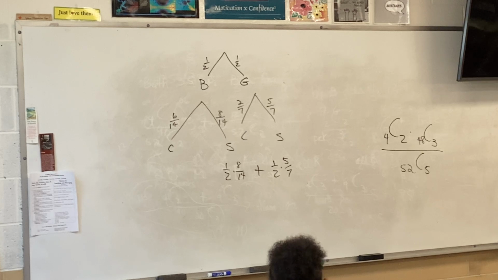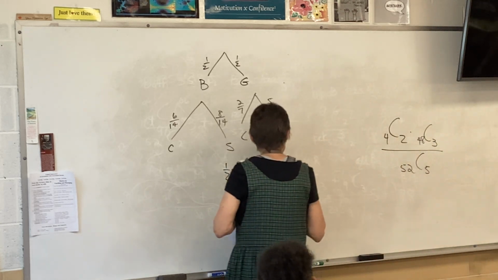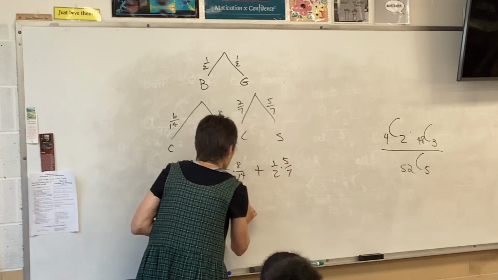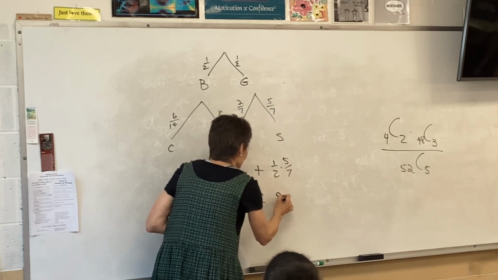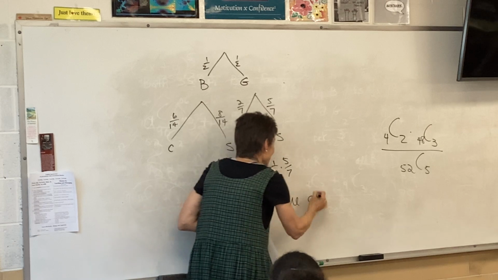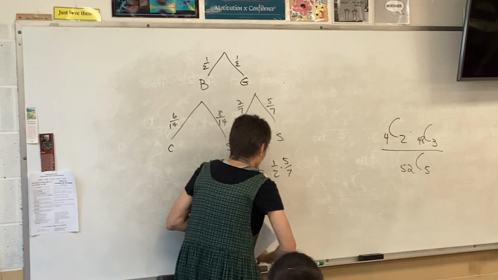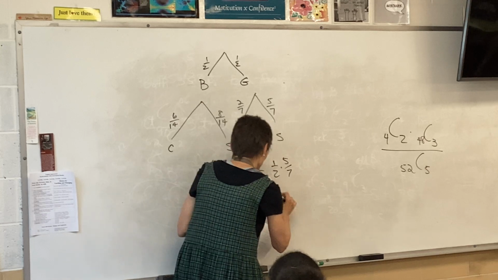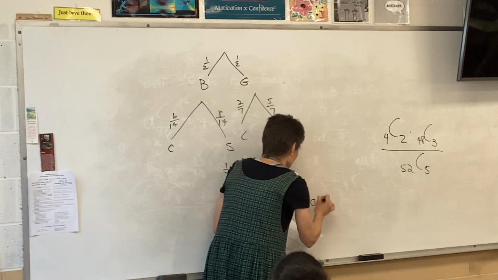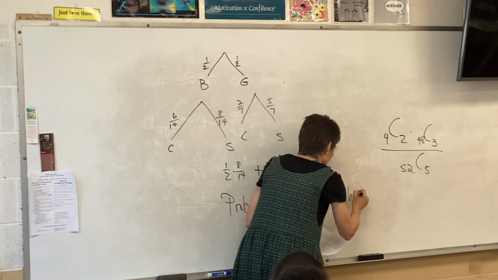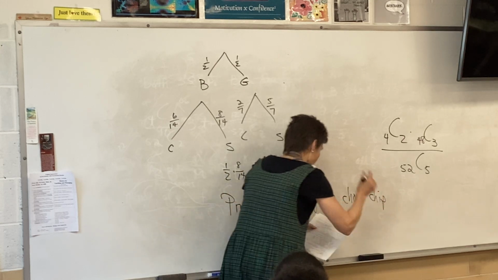What is the probability that if he chooses chocolate chip, it came from the blue jar? So what is the probability of blue given chocolate chip? Okay, let's read the question.